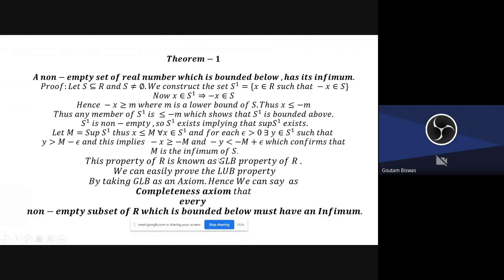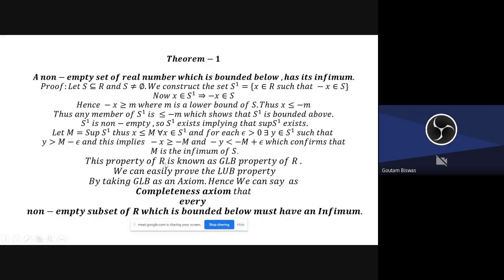So starting from constructing S1, we came to the conclusion that minus M is the infimum of S, where M is the supremum of S1.